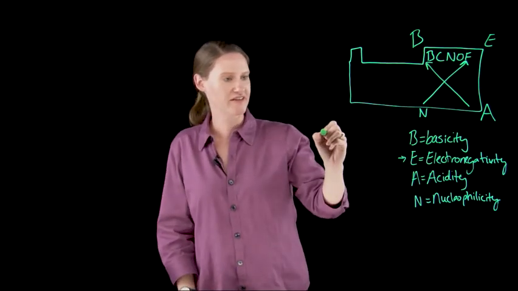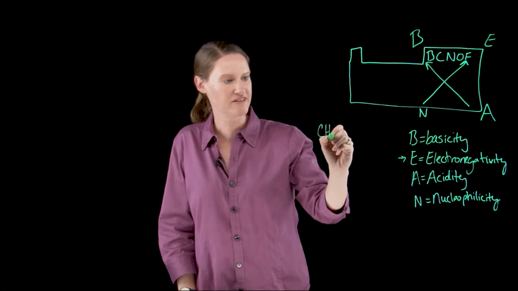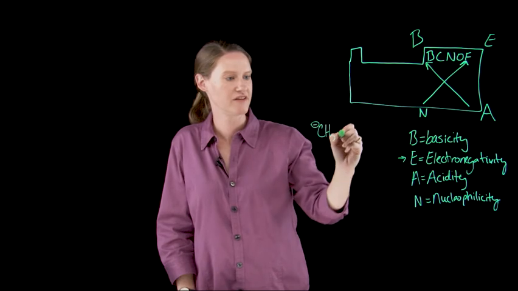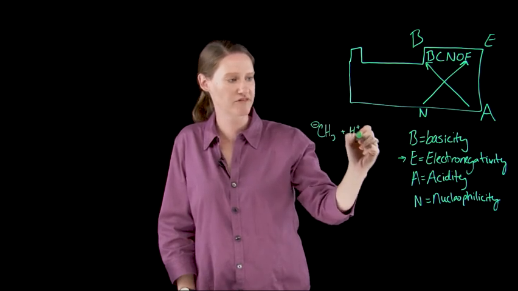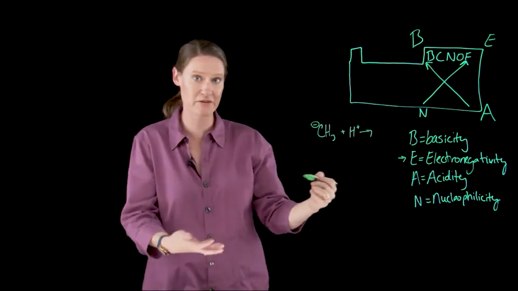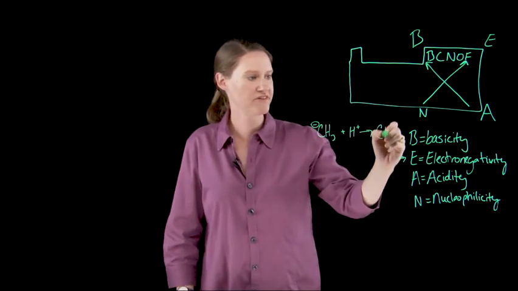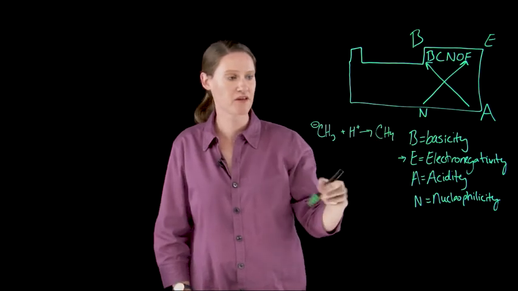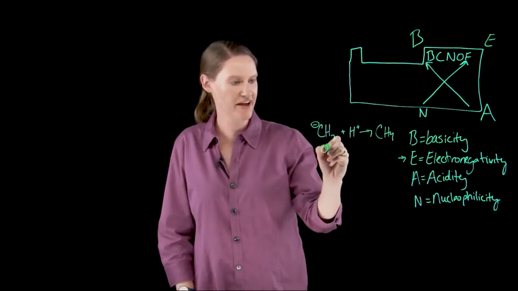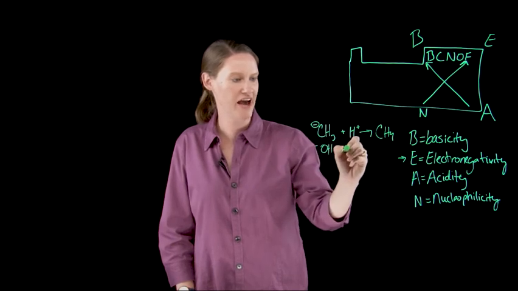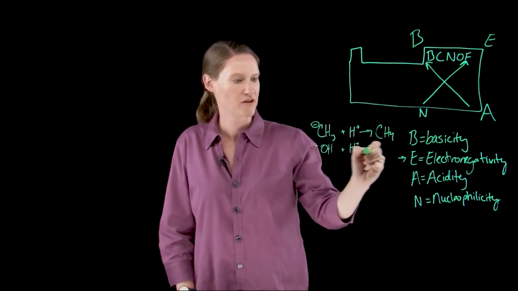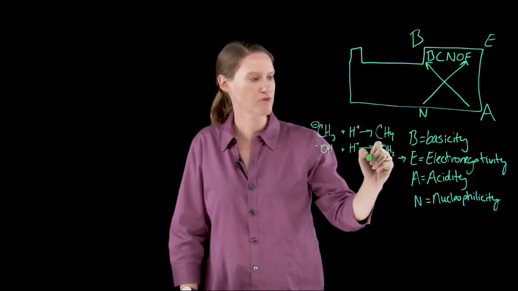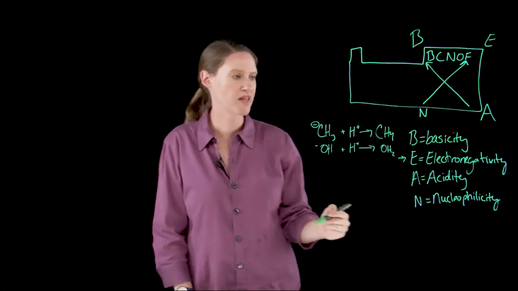What basicity means is that if I have CH3 minus, and I add it to a proton source, and I allow it to then act like a base, it will become CH4 and no longer be negatively charged. A similar idea is if I have OH minus, and I add a proton source, oxygen then gets protonated and becomes water. Okay, no longer charged.